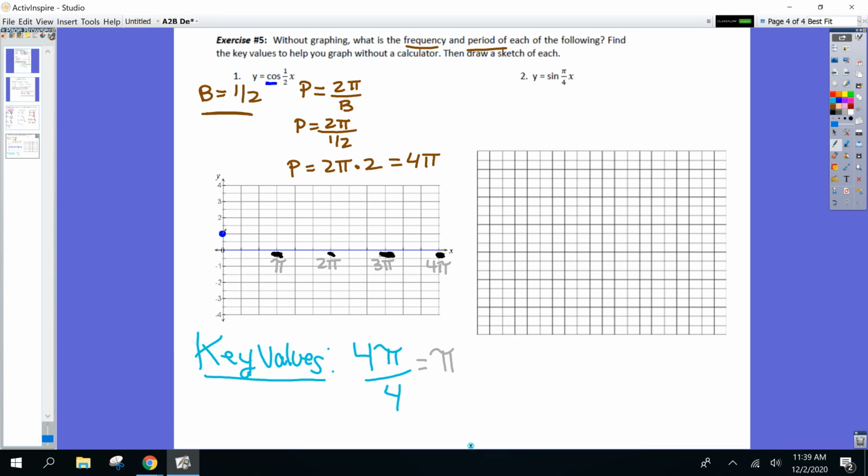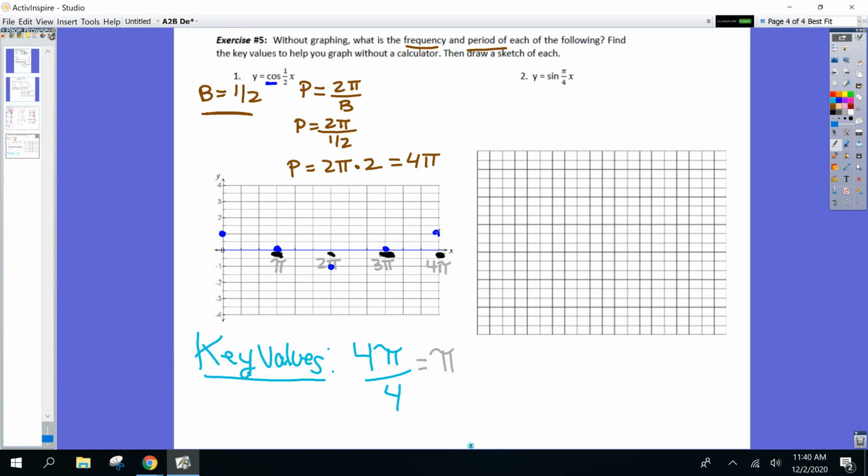The midline. Is there any shift here? No. So we're going to stick it right at 0 like the old days. Then where's it go, Nick? Minimum. Yep, which in this case, there is no number out in front, so we're going to stick to our good old -1. Minimum back to where? Midline.